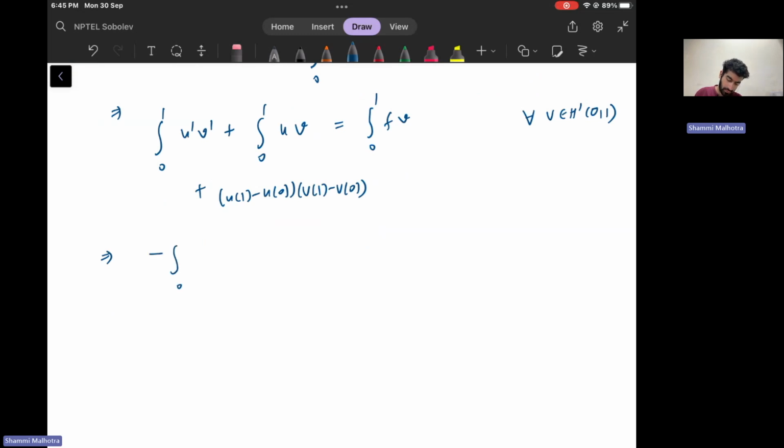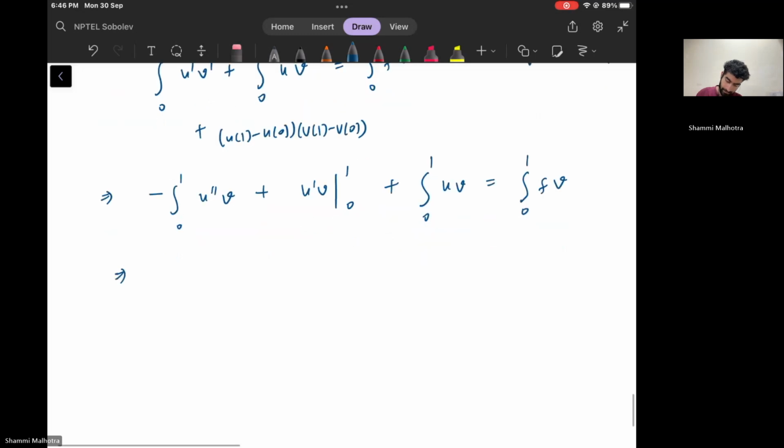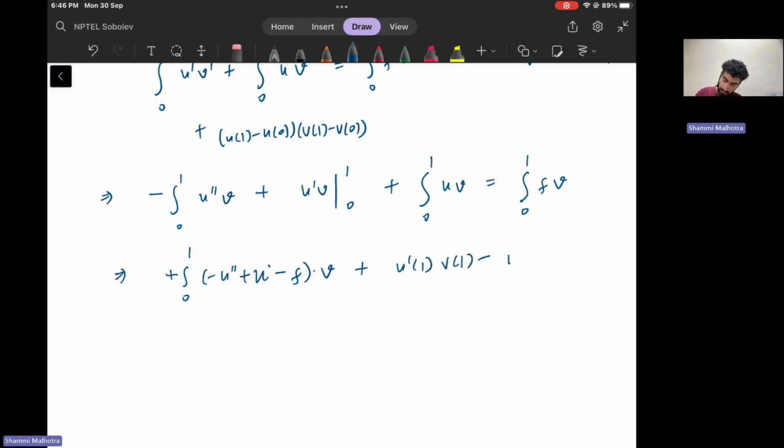This is minus the integral from 0 to 1 of u double dash v, plus u dash v evaluated at the boundary terms only, so at 1 and 0, plus the integral from 0 to 1 of u v, equal to the integral from 0 to 1 of f v. This is nothing but minus the integral from 0 to 1 of (minus u double dash plus u minus f) times v, plus u dash 1 v1 minus u dash 0 v0, equal to 0.